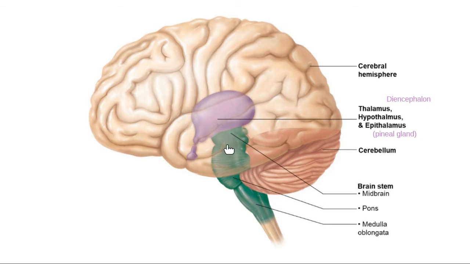Then we get into these parts here shown in green that are called the brain stem. In general, when we think about the function of the brain stem, what's kind of big picture the job of the brain stem? Any ideas? Biggest picture, what does that do?